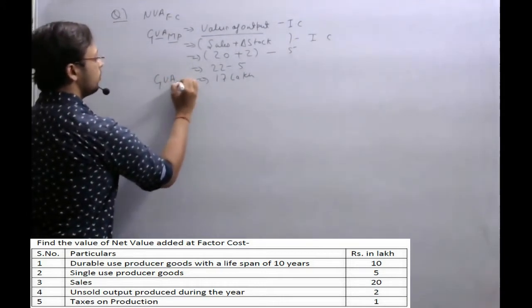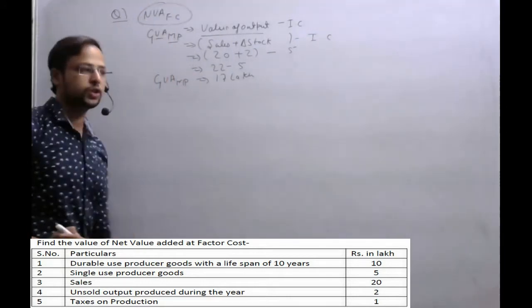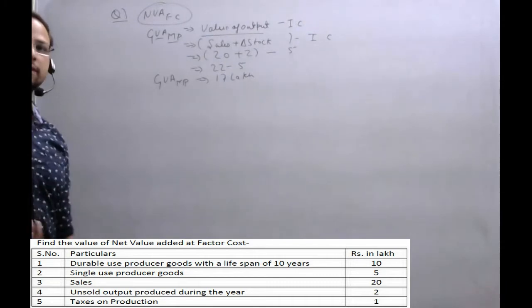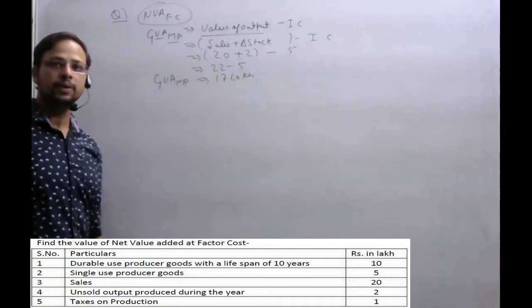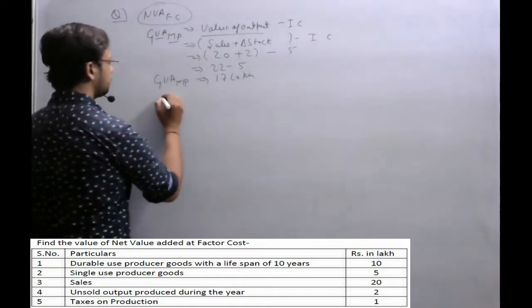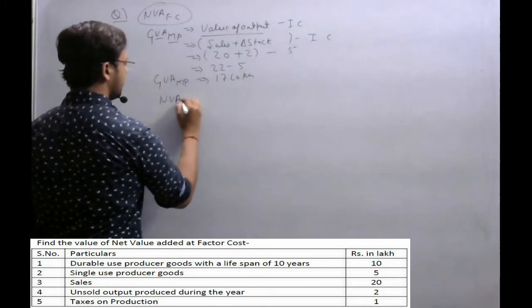But we don't have to find GVA at MP, we have to find NVA at FC, as the question is asking for NVA at FC only. So how do we calculate NVA at FC? We have to convert GVA at MP into NVA at FC.